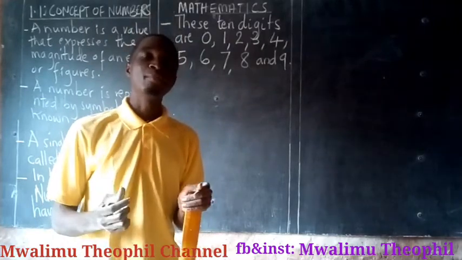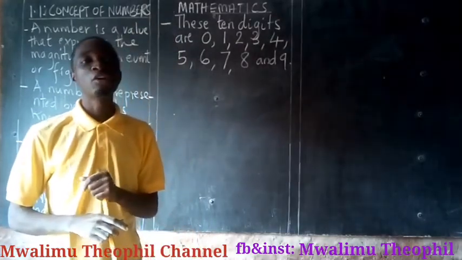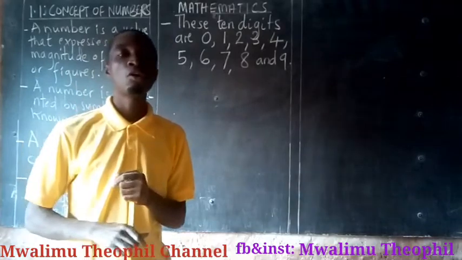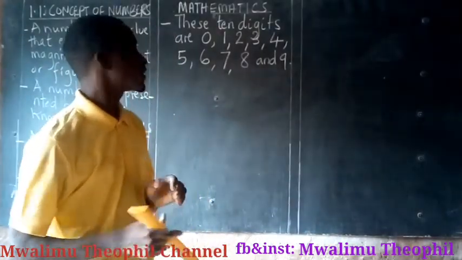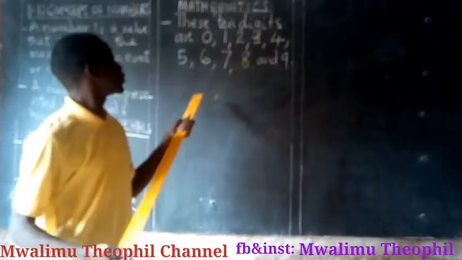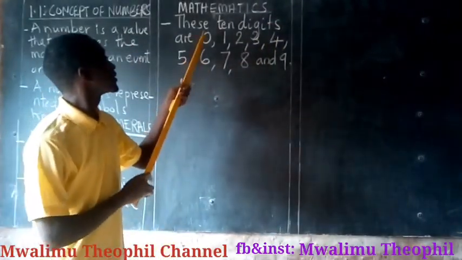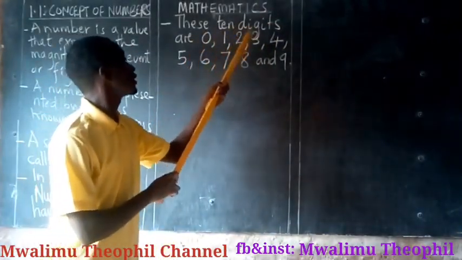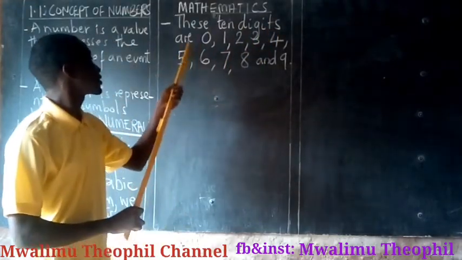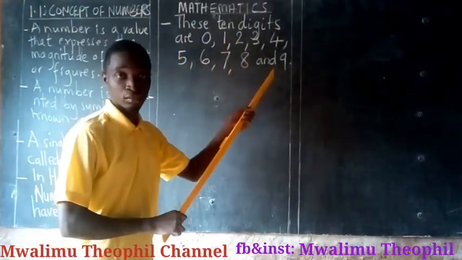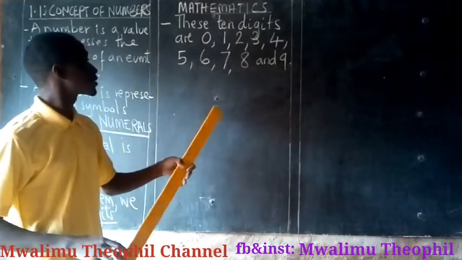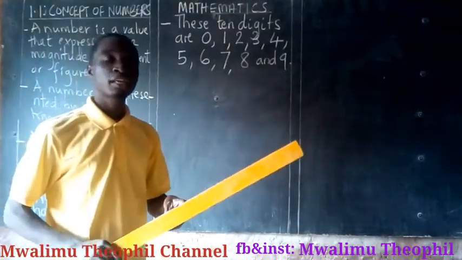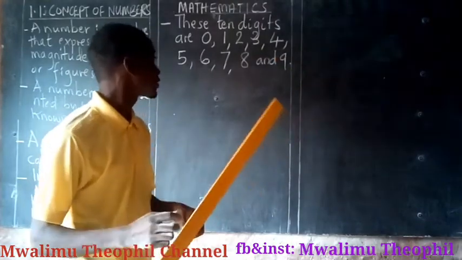A number can be represented by one digit or more than one digit. Now, let us see different examples on the way we can count the number of digits within a number.